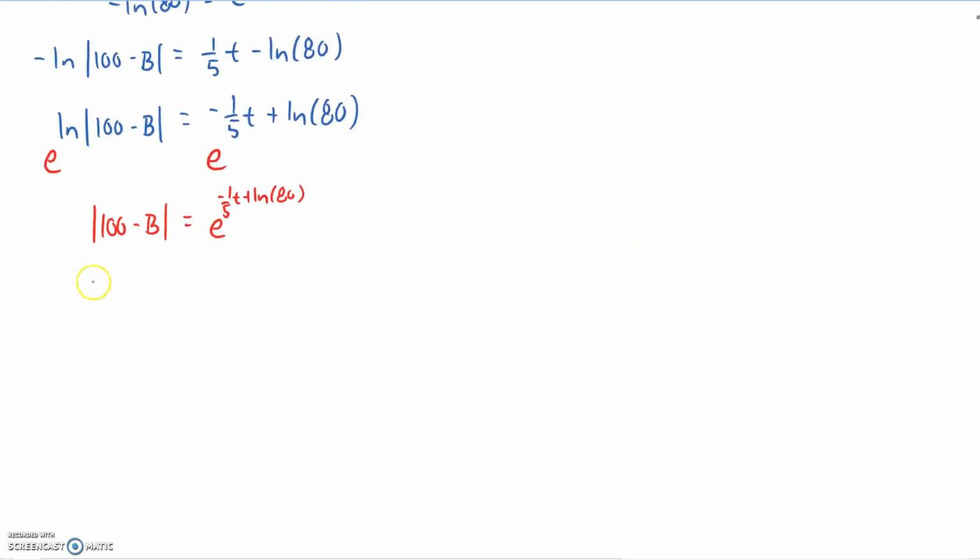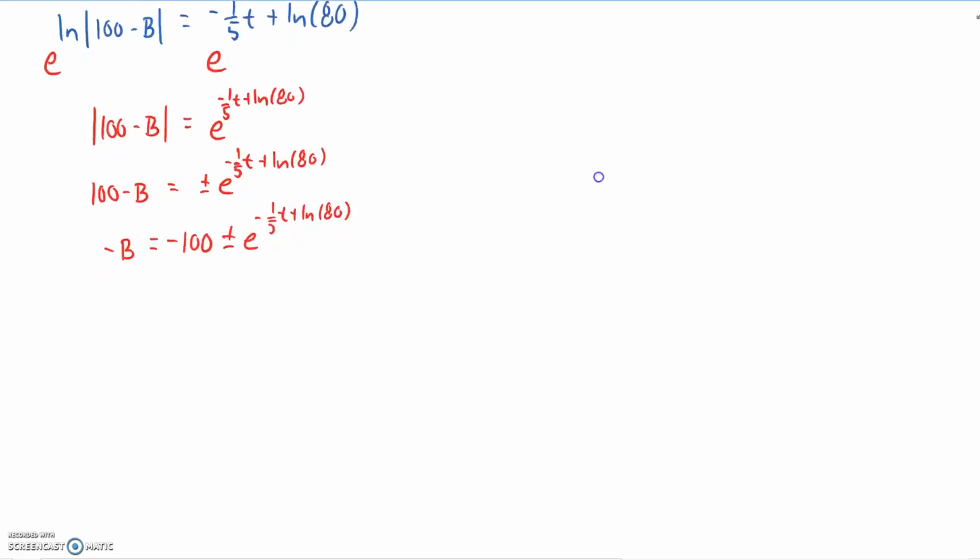To get rid of the absolute value, we're going to do plus or minus. We're going to subtract 100 from both sides, or add negative 100 to both sides. Multiply both sides by a negative. That gives me positive 100. Plus or minus stays plus or minus when multiplied by a negative.